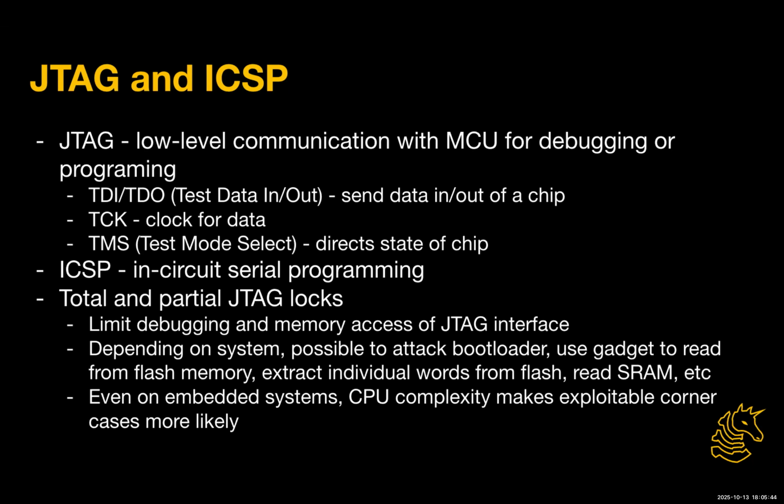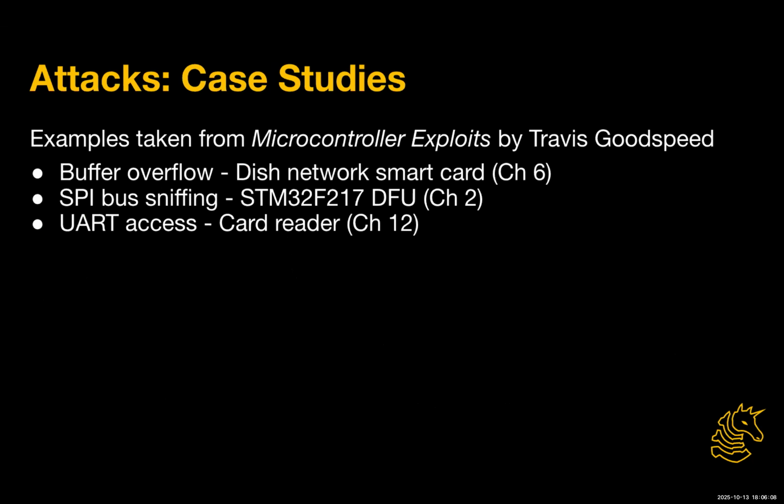Or if there's a block on reading flash memory altogether, it might be possible to repeatedly restart the device so that you can slowly extract individual words from flash. And even if that's not available, you can read the SRAM to still get program information. So even on embedded systems, the complexity of the CPU makes it possible to find corner cases that you can easily exploit like this.